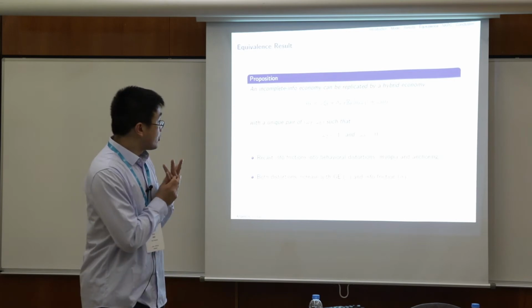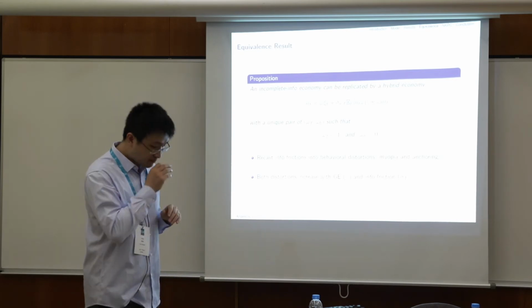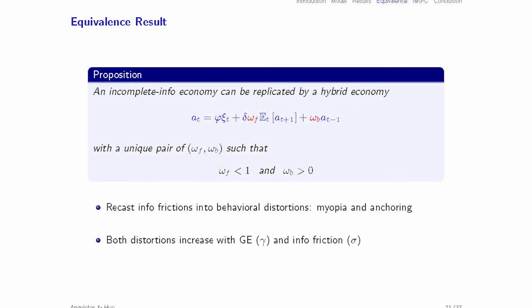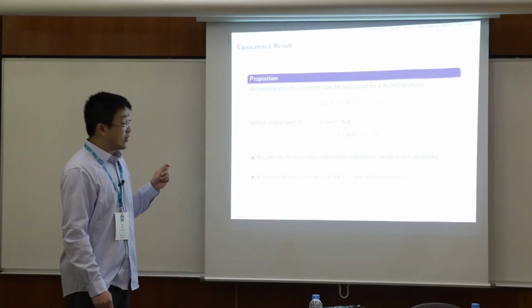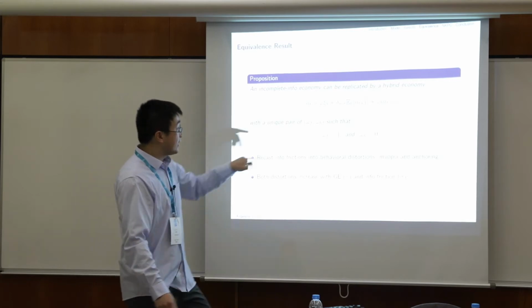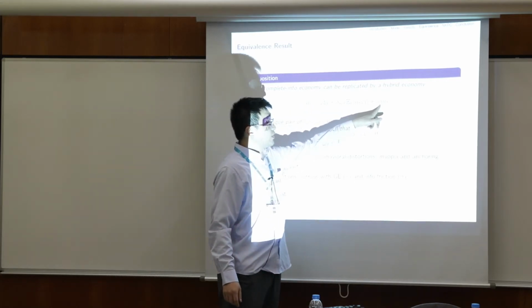Now this is the equivalence result. We have seen the solution to this incomplete information model. Our main result is that the dynamics can be replicated by a representative agent hybrid economy with two modifications. One is adding a backloading component.